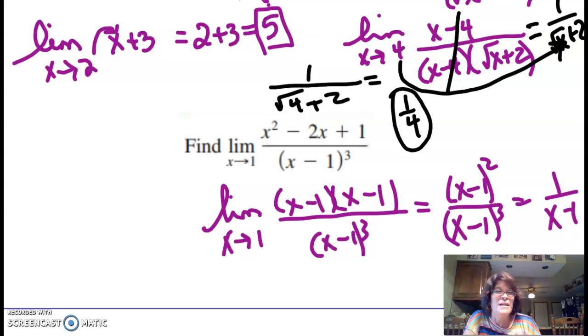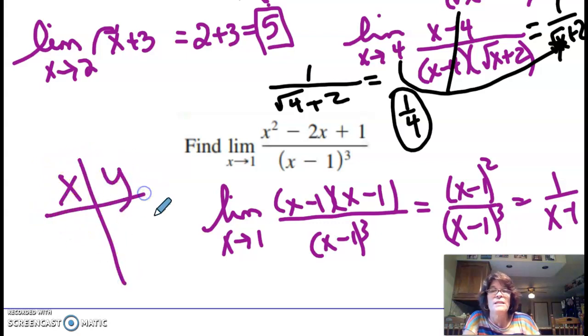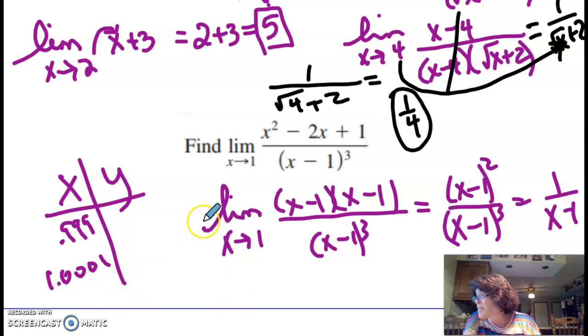It's looking like this one maybe doesn't exist. So I might graph it, see what's happening, or like we did in the beginning in 3-1 part 1, put something really close to 1 in. Let's put 0.999 in. And then let's also put 1.0001 in. Okay, you have stuff that's getting close to 1 on each side.